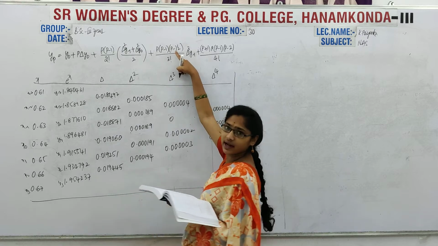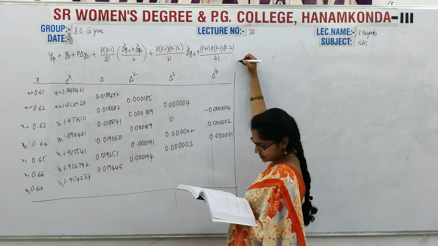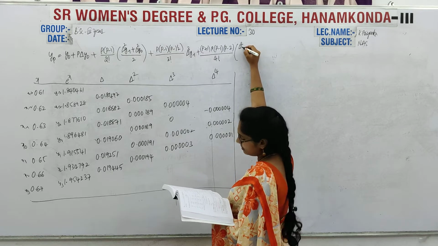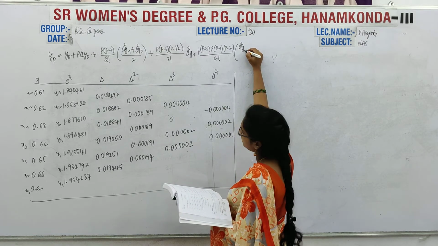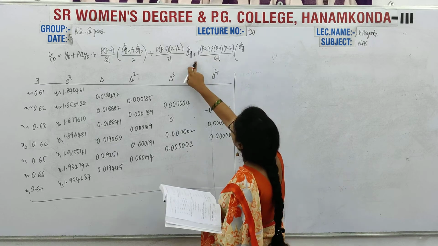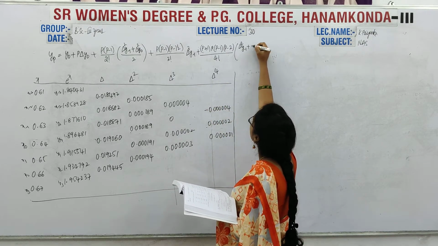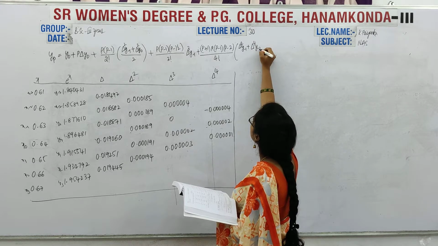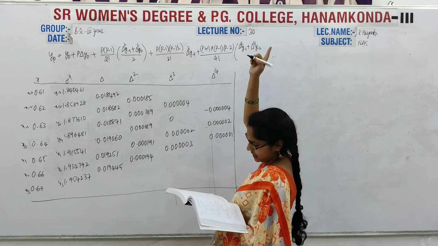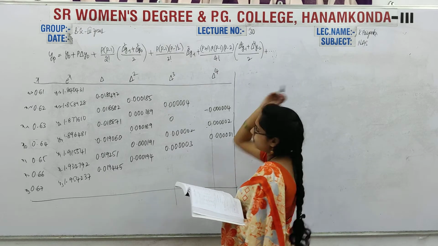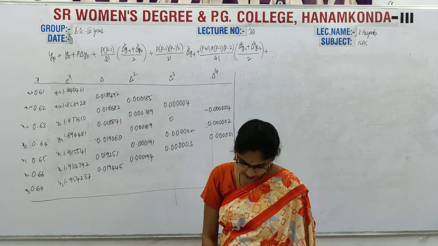Only for this one we will get 1 by 2 and for the remaining it will be the same, of del power 4 y minus 1 plus del power 4 y minus 2. For the next one it will increase by 2, and so on.